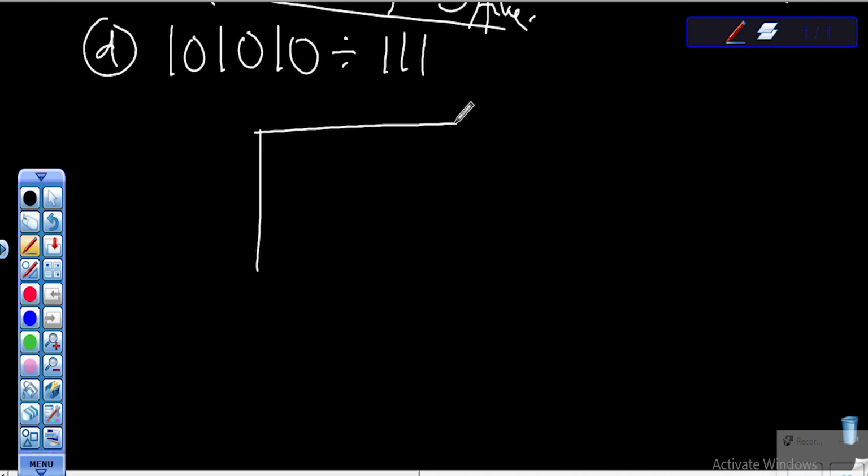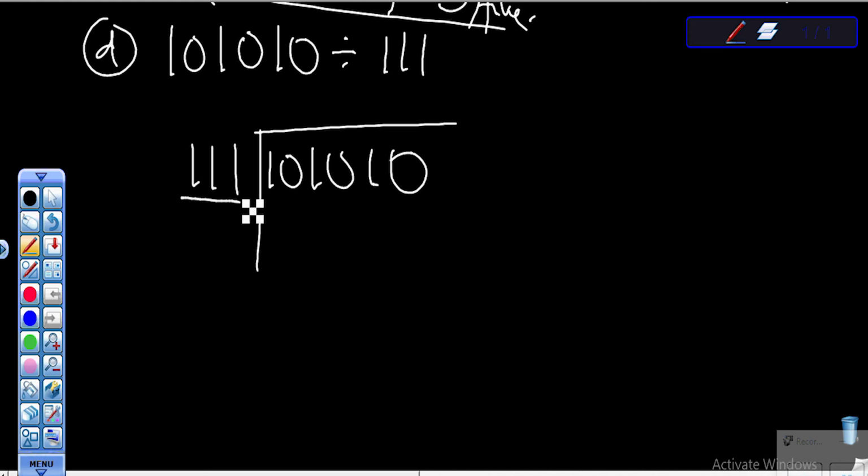I have 1 0 1 0 1 0 to be divided by 1 1 1. Where you have to be careful here is that you can't just use your figure to divide the other without trying to consider which one is bigger. 1 1 1 is bigger than 1, so I can't start my division from there.